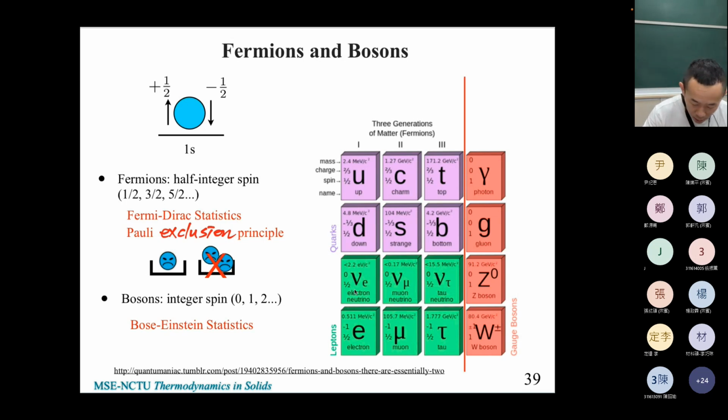So that's it. Just saying that fermions and bosons have two different behaviors and two different types of spin.